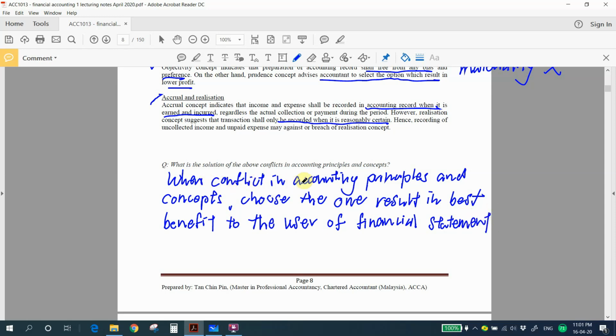When you have a conflict in accounting principles and concepts, choose the one that results in the best benefit to the users of financial statements. This is the solution when you have a conflict in accounting principles and concepts.